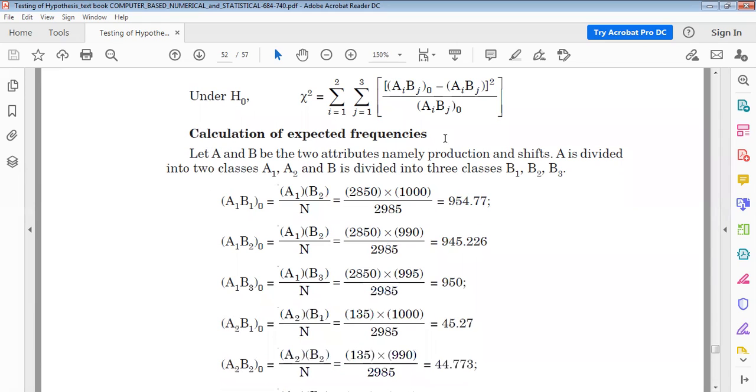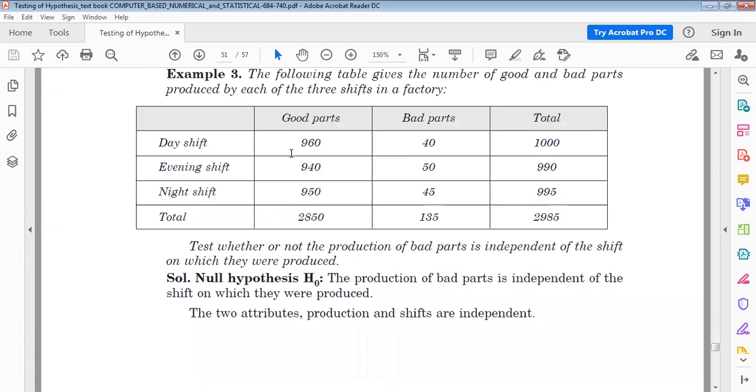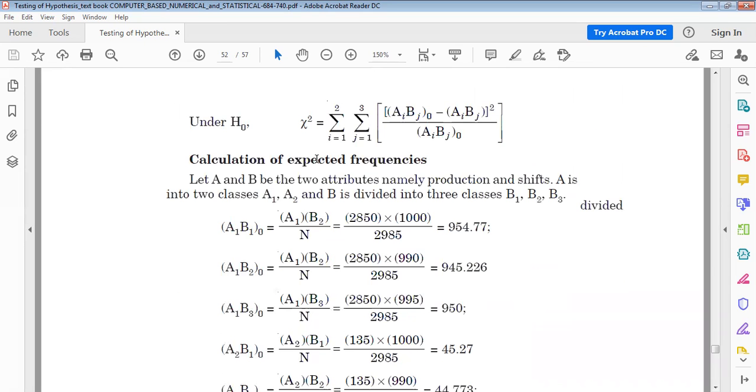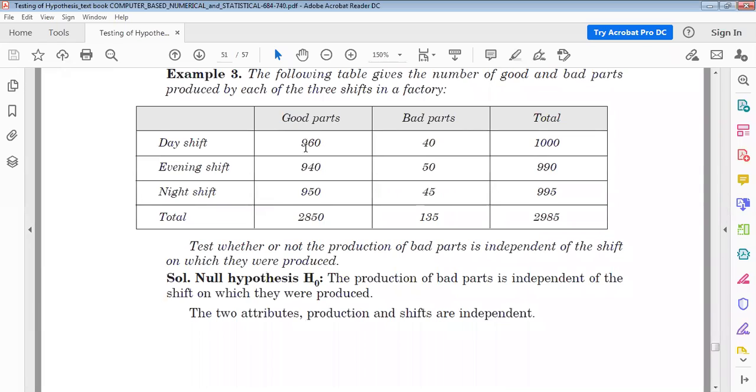Now calculating the expected frequencies. A1, B1 is the first row, first column. First row, second column. Second row, first column. Second row, second column. Third row, first column. Third row, second column.